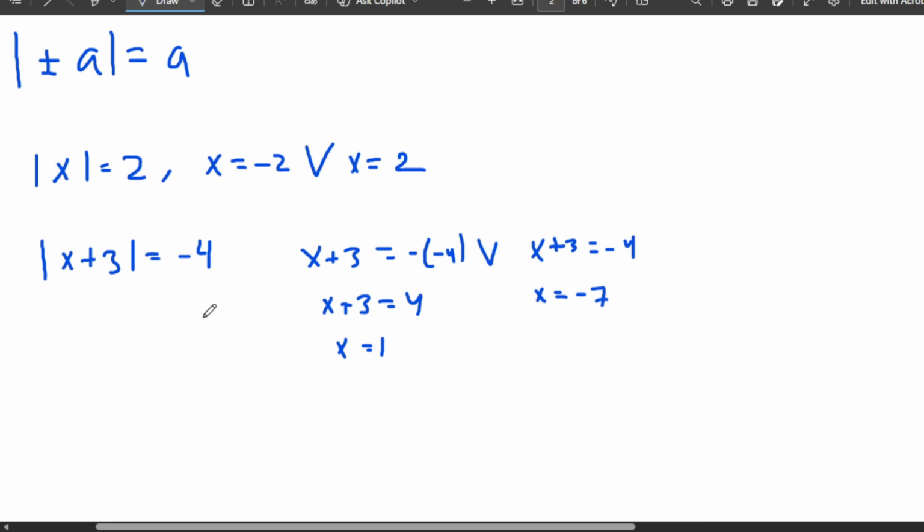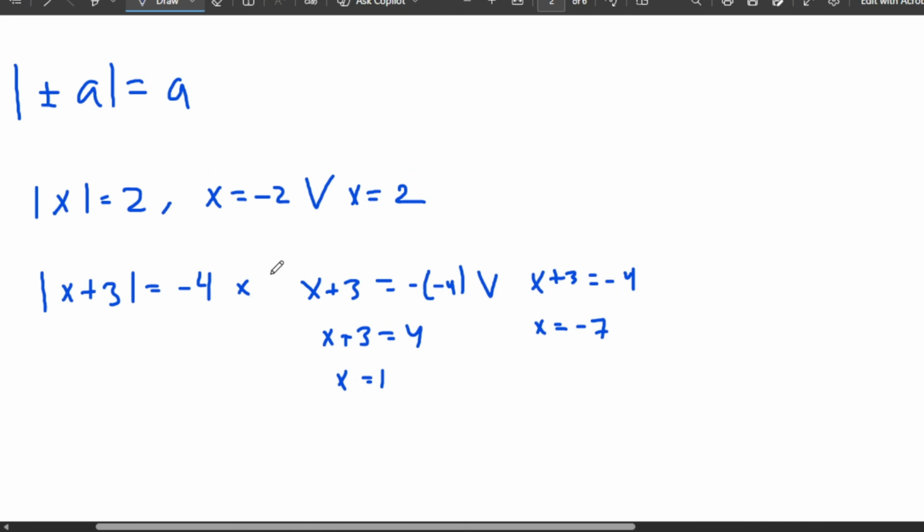But look, again, if the absolute value of a number always gives an output which is positive, then this equation doesn't make sense, because if you take the absolute value of a number, it should be positive. So this is unsolvable. Okay.